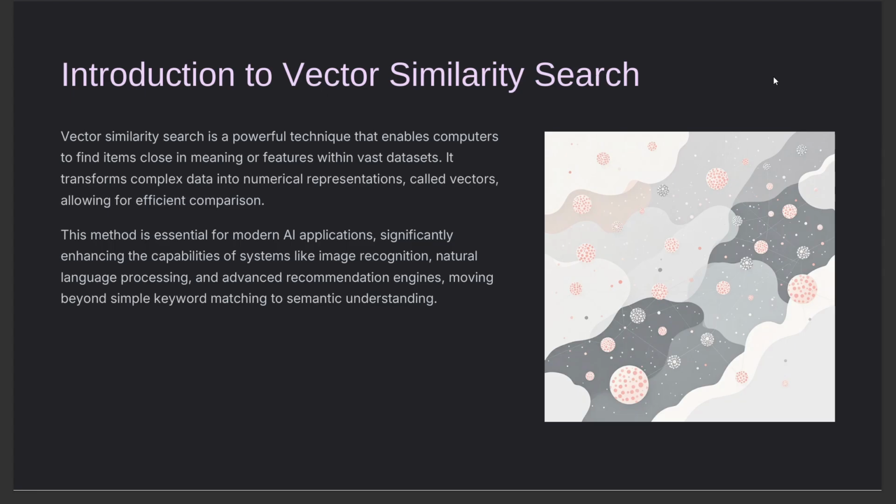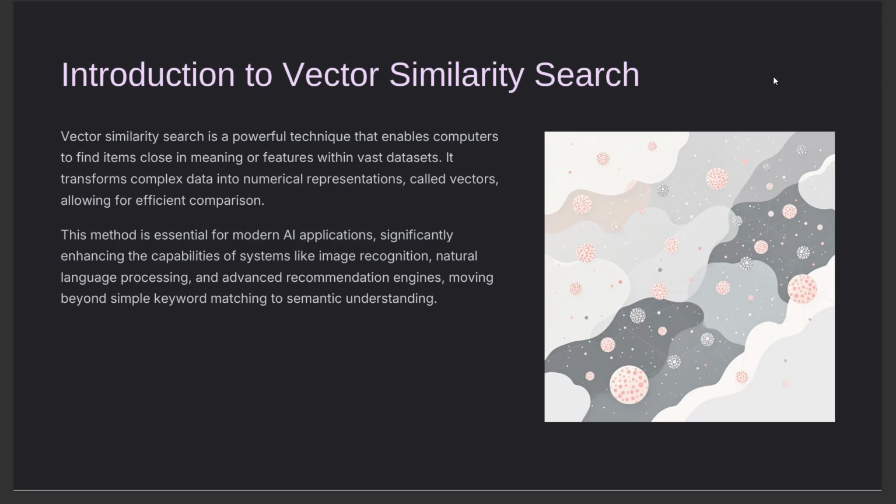For example, in a normal keyword search, if you search for doctor, you will only get results with that exact word. But with vector similarity, the system can also find results like medical specialty because it understands semantic similarity.